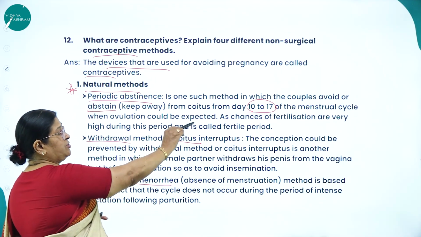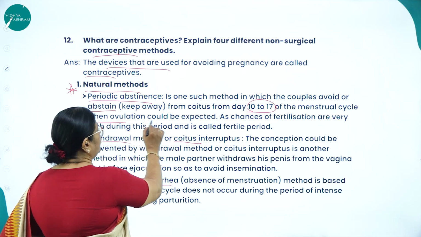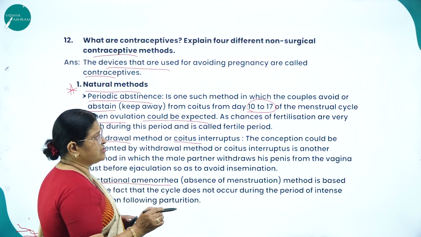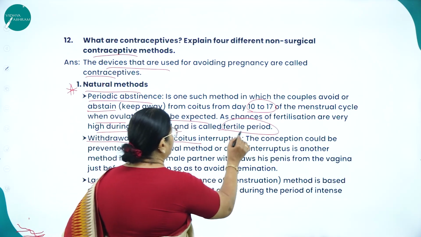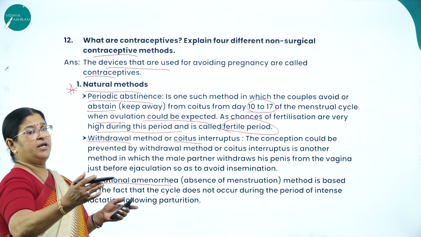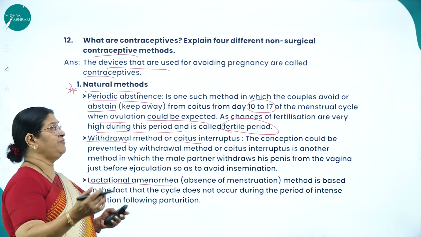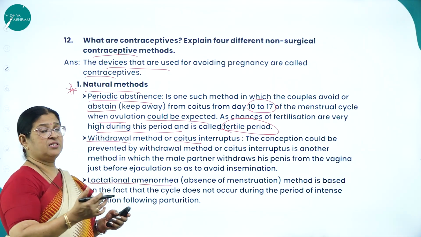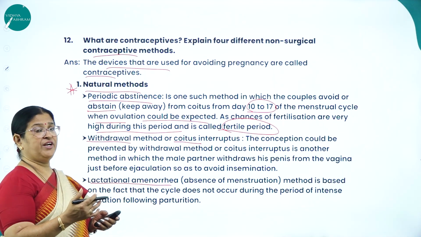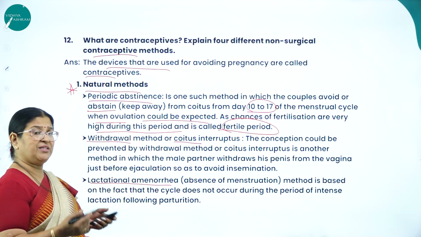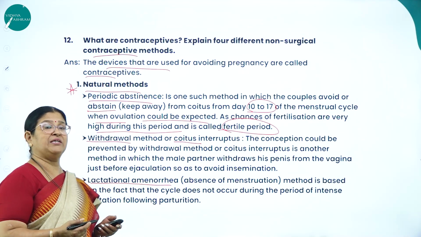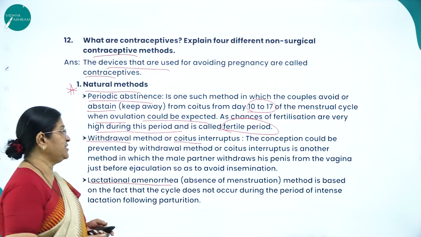So 10 to 17th of the menstrual cycle, when ovulation could be expected, as chances of fertilization are very high during this period, which is called as the fertile period. If they avoid the coitus in that particular period, definitely they can avoid unwanted pregnancy. So contraceptive methods are the ones which are implemented by the couples to avoid unwanted pregnancy.